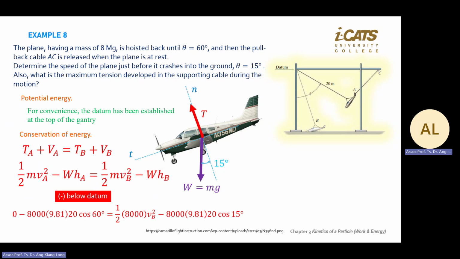Okay, there's only one VB. VB here is squared, so you have a square root answer. A square root answer means you have a positive and negative root. So choose the one that gives you a positive value. So V equals 13.52 meter per second.